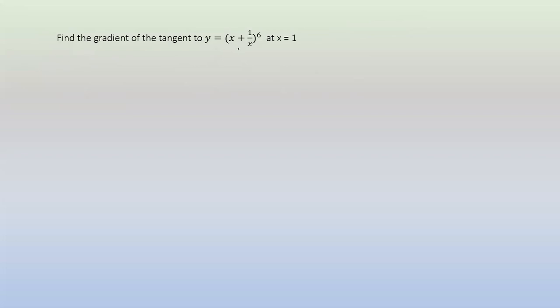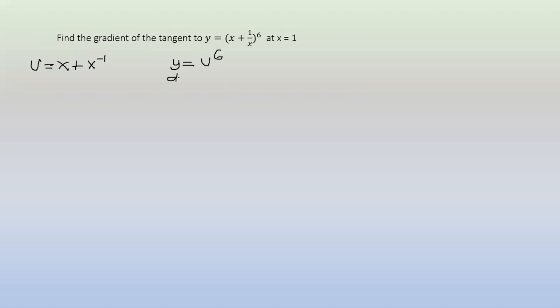Okay, y equals (x plus 1/x) to the power 6 at x equals 1. Consider u equals x plus 1/x, it means x to the power negative 1. So it means y equals u to the power 6.